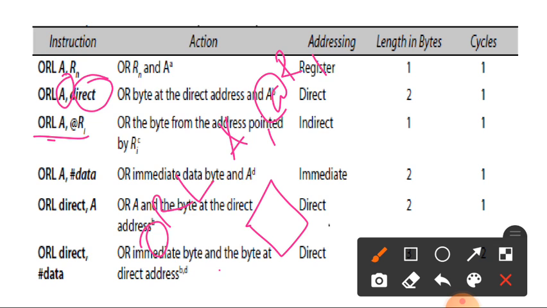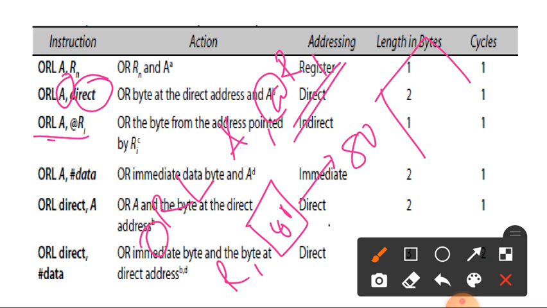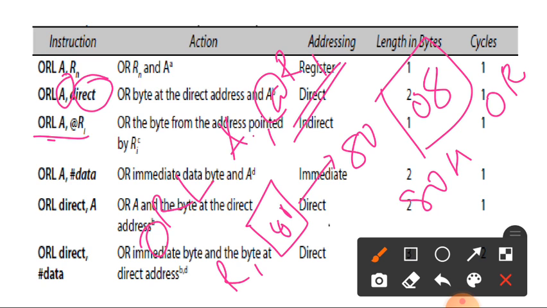R1 is the register holding the address, and that address, 80, contains the data 0H, and the accumulator contains 80H. Then perform the OR operation on these two data, and the output will be stored in the accumulator.